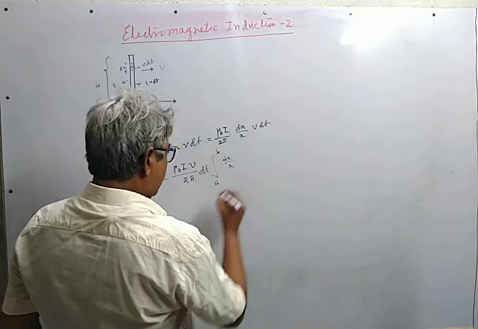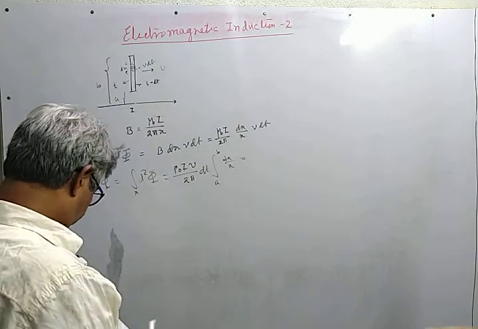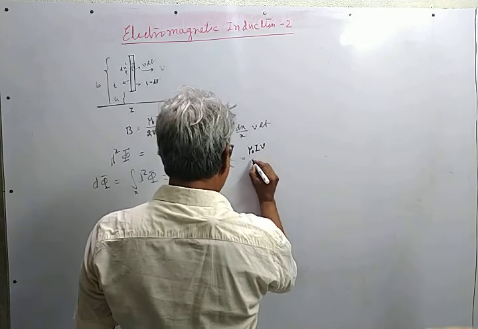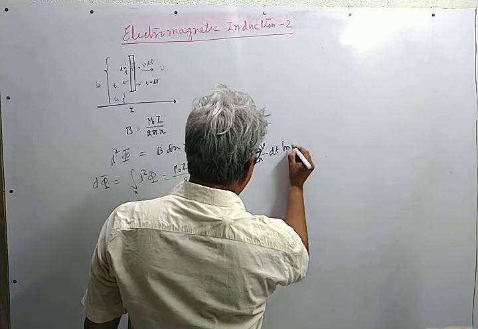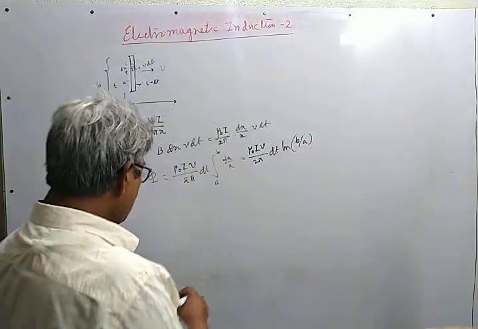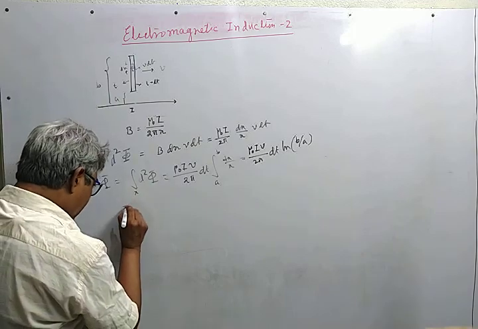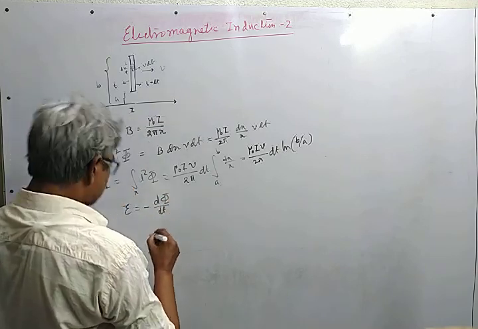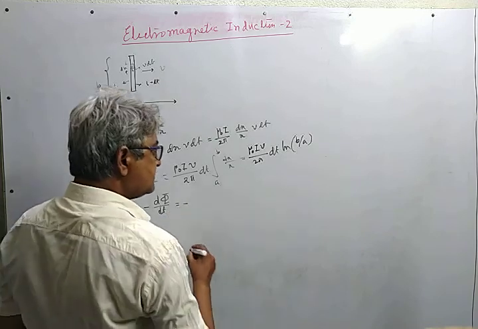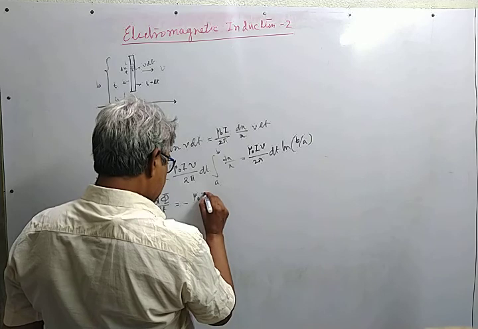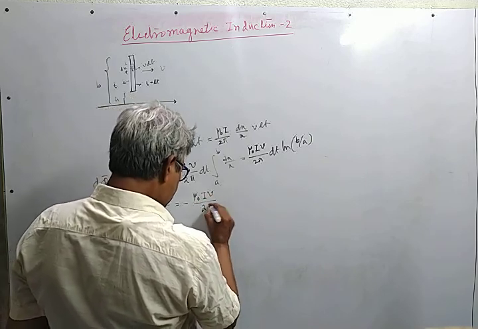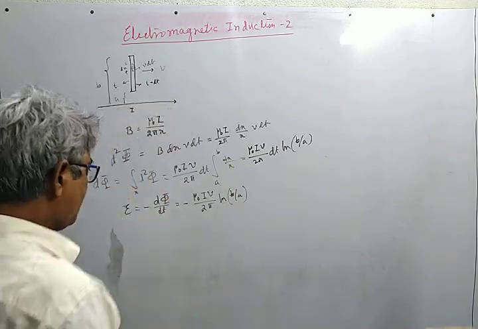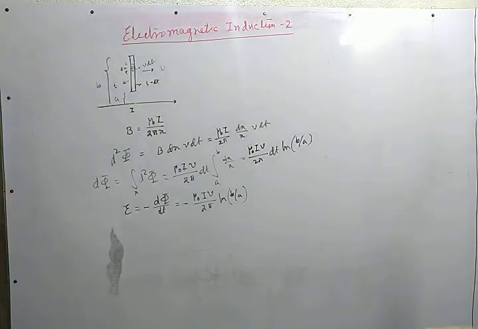So this is log, and this becomes mu 0 I v upon 2 pi dt log b by a. Now the induced EMF is equal to minus d phi by dt.